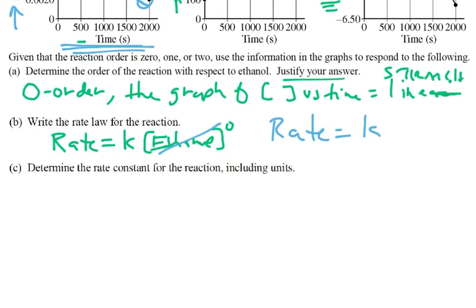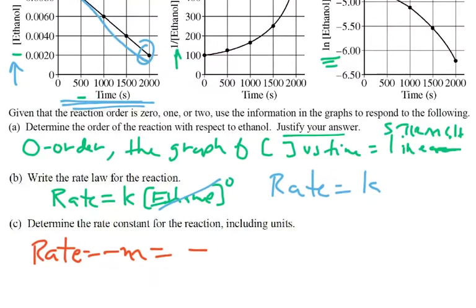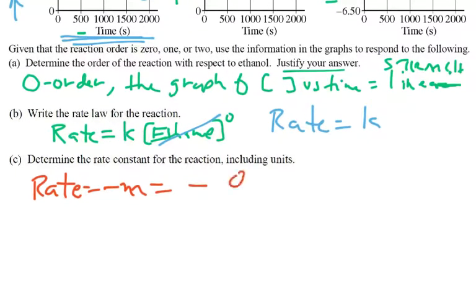So the slope of the line, okay, rate's going to equal the negative of the slope. Okay, and the slope of that line is, okay, if I'm back here, it looks like 0.002 minus 0.01. Okay, and so I'm just taking that's my rise, divided by run.